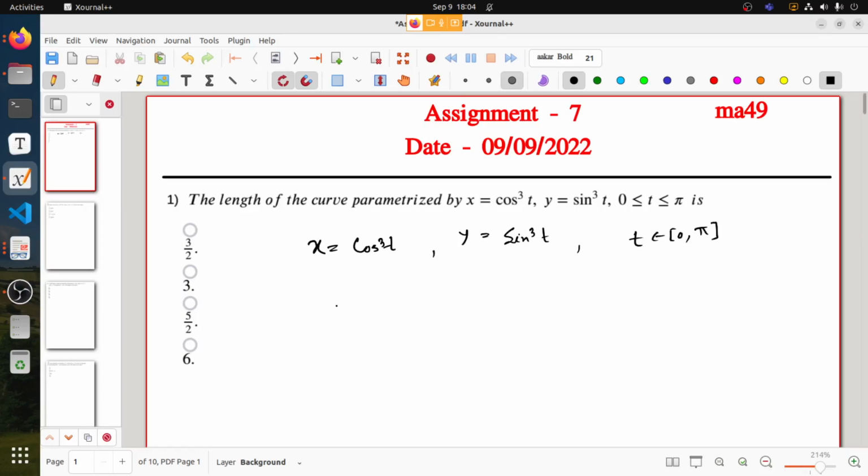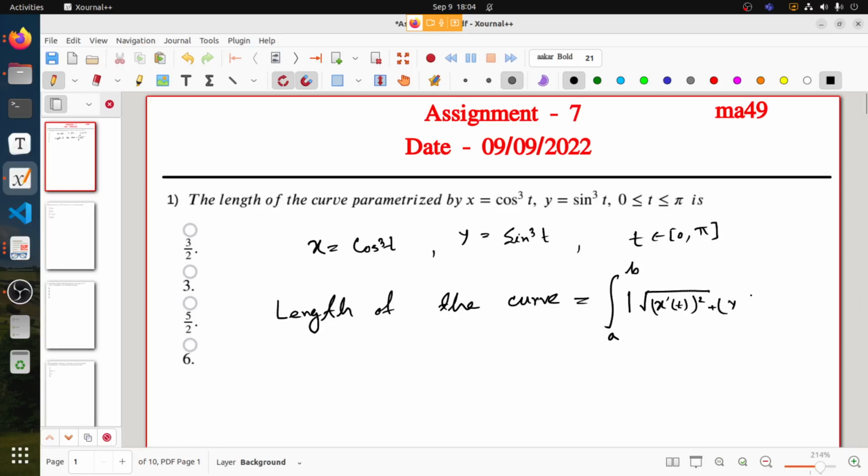So for a parameterized curve, what is the length? The length of the curve is given by the integral from a to b in general, here 0 to pi, of the modulus of the square root of x dash t whole square plus y dash t whole square, with respect to t.